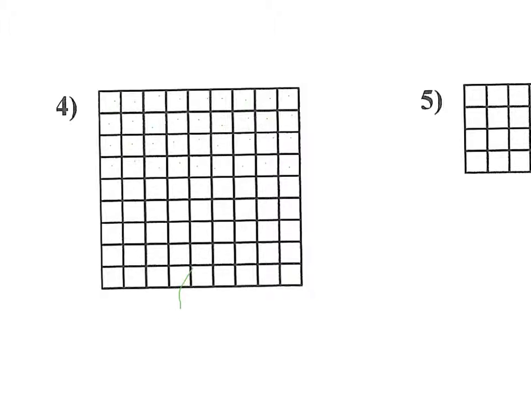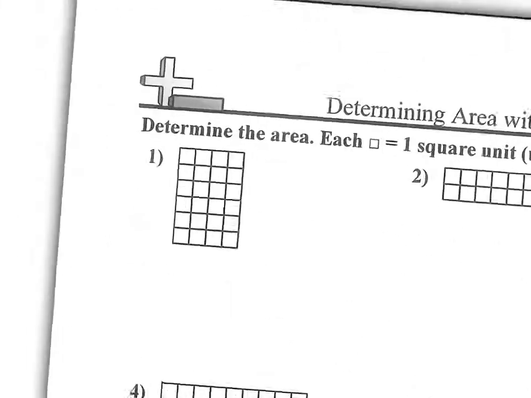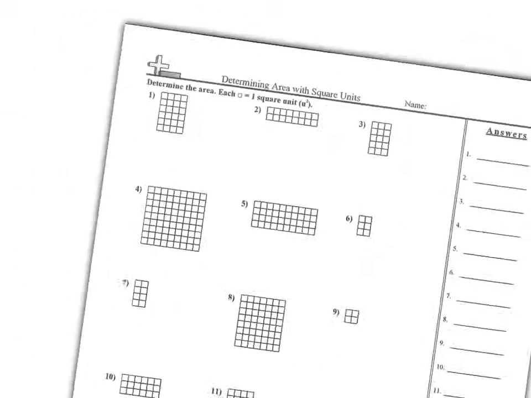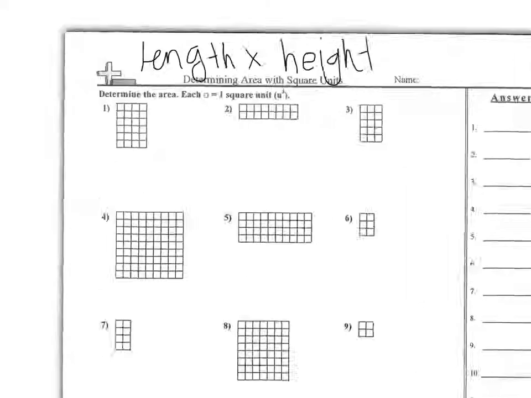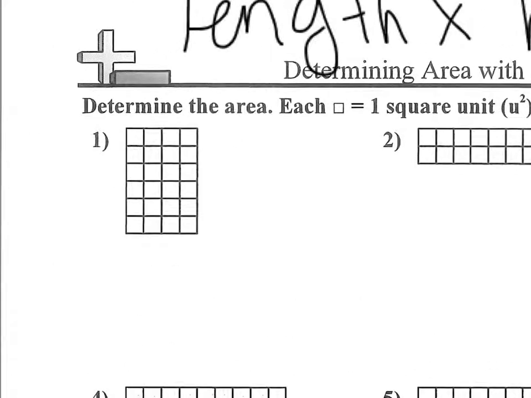So on this page especially, you need to make sure that at the top of your page you have written length times height, and then really make sure that you are measuring. So my length is 4. My height is 1, 2, 3, 4, 5, 6. So my problem is 4 times 6. I'm typing that in a calculator and it's telling you that it's 24.